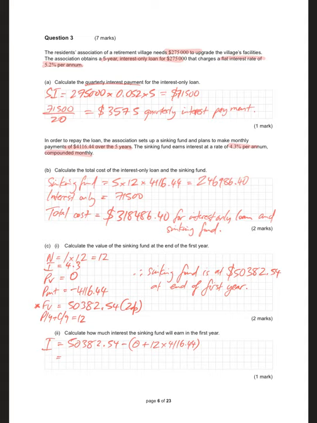So 12 times $4,116.44 plus nothing, and then 50,382.54 minus second answer gives you $985.26 interest earned in the first year. Is that page done?